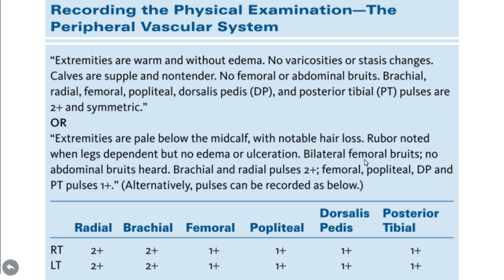Bilateral femoral bruit means the occlusion is on that part, but no abdominal bruit is heard. You also have to auscultate the iliac artery. Brachial and radial pulses are 2+; femoral, popliteal, dorsalis pedis, and posterior tibial pulses are 1+.